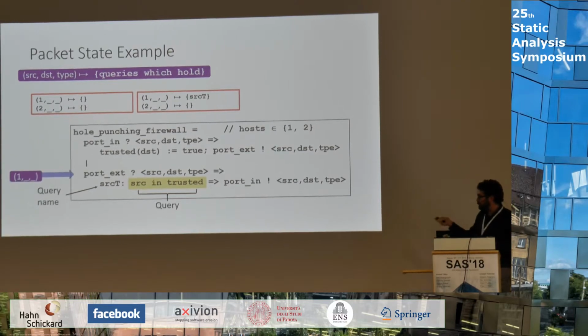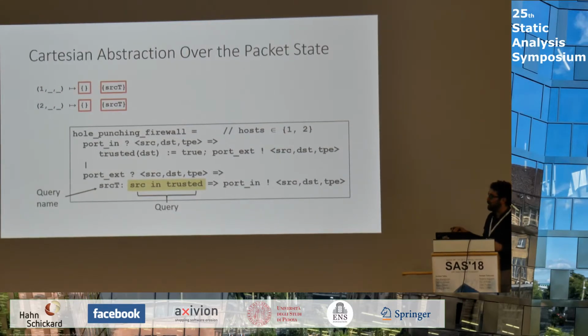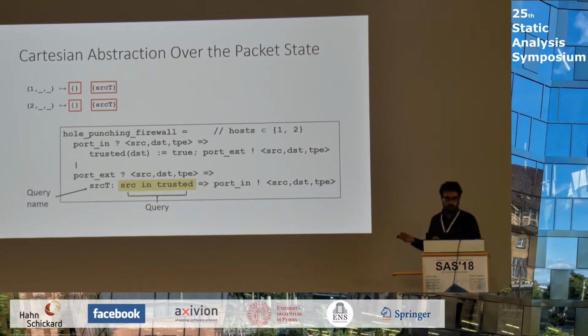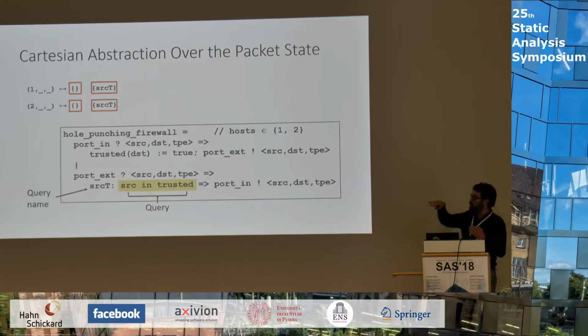But once we do that, that allows us another Cartesian abstraction that we can apply to this system. In this case, we forget the correlations between the different packets and between the current state of the packet. So instead of storing for each packet which relations are in the set, we separate that for every packet.